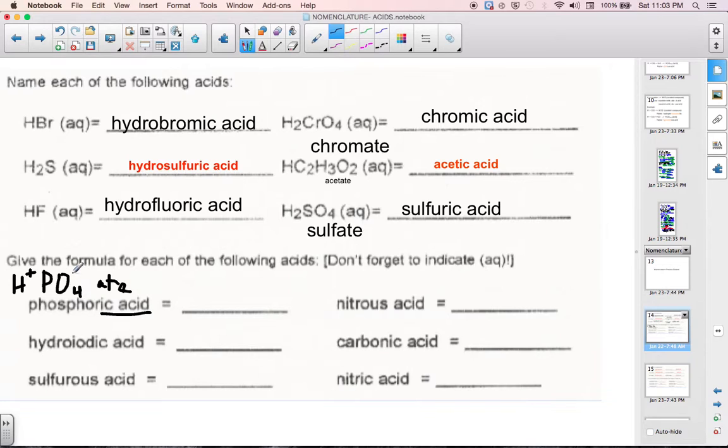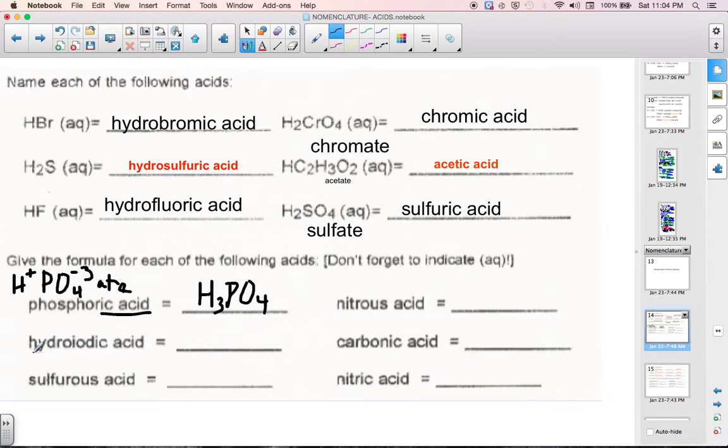But this PO4 ion has a charge of -3. So when I add phosphate plus hydrogen, I have to remember that it has a -3 and I have to crisscross that charge. So the final formula will be H3PO4.